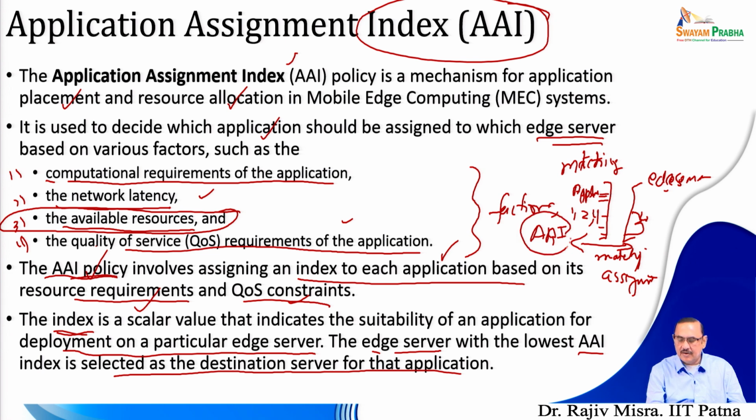The edge server with the lowest AAI index is selected as the destination server for that particular application. So, once this application assignment index is computed, the lowest of the application assignment index is selected as the destination server for that application.